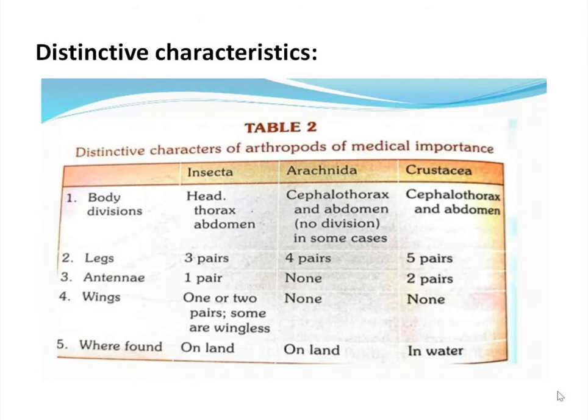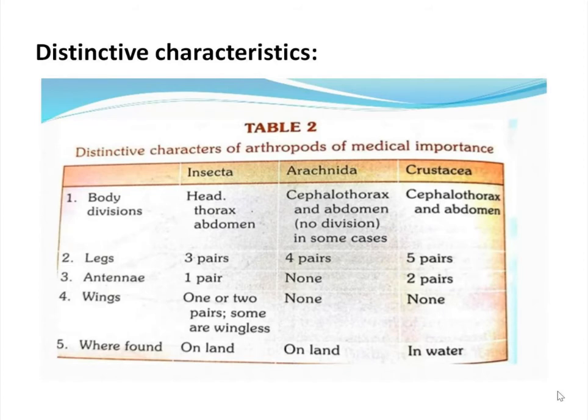With regard to body divisions, Insecta has three distinct parts, differentiated into head, thorax and abdomen. Examples of insects are mosquitoes, houseflies and so on. When you see a mosquito, the body is properly divided into head, thorax and abdomen.